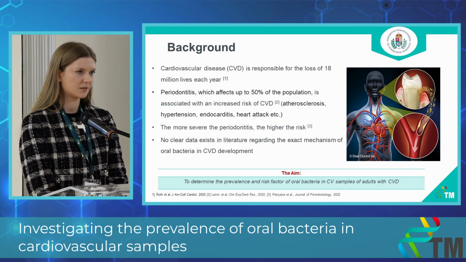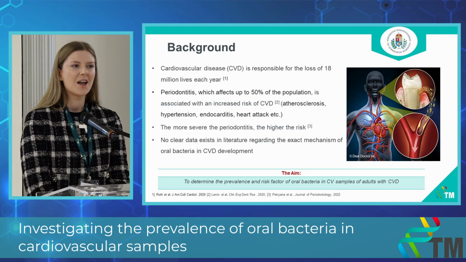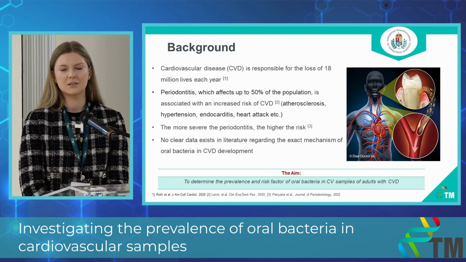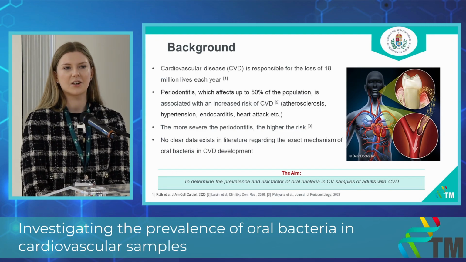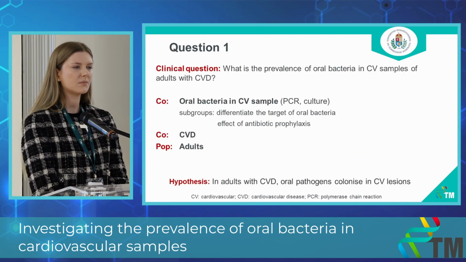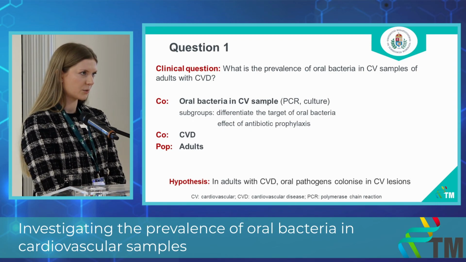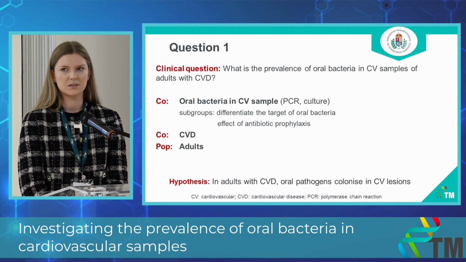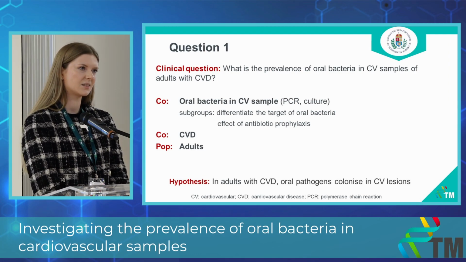My aim is to determine the prevalence and the risk factor of oral bacteria in cardiovascular samples of adults with cardiovascular disease. My first clinical question: what is the prevalence of oral bacteria in cardiovascular samples of adults with cardiovascular disease?